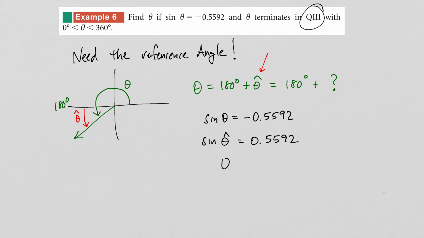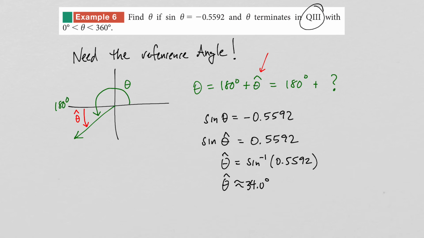Now on our calculator, we can solve for theta hat by doing the inverse sine of this value. And what we get here is about 34.0 degrees. And that's rounded to the nearest tenths place.